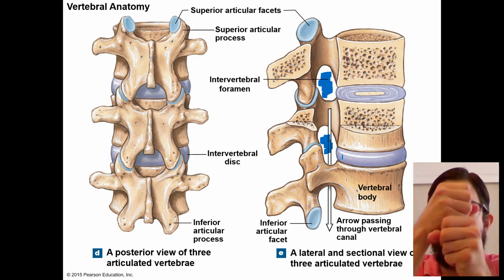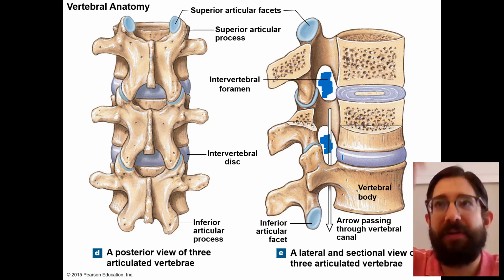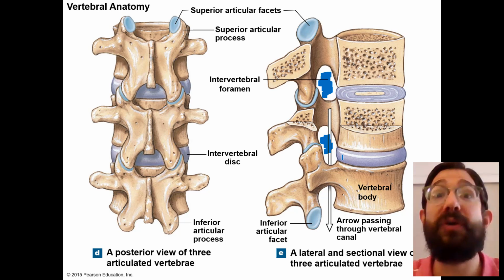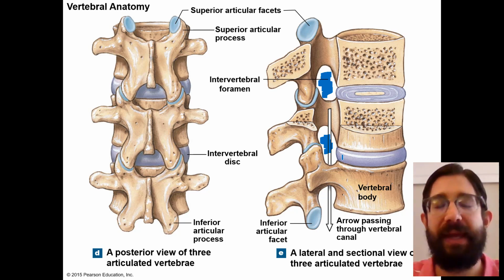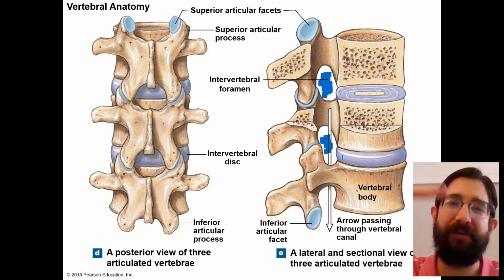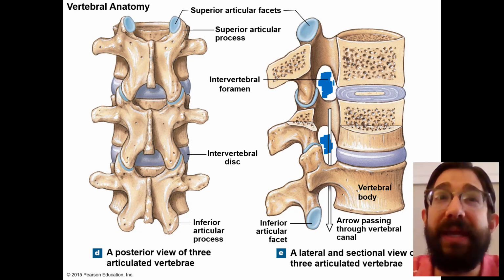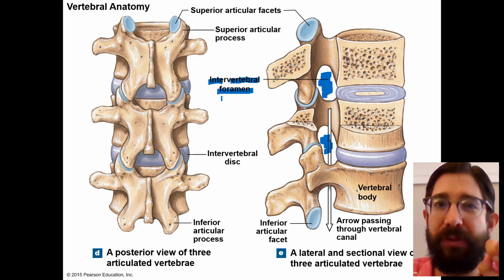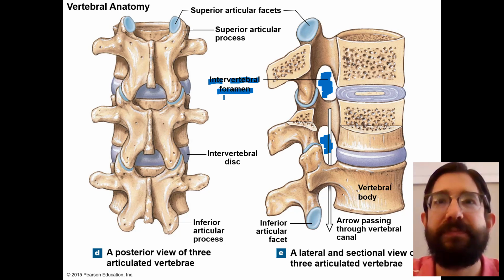So the spinal cord can't be trapped in bone all the way down. There have to be little holes in the vertebral column so that nerves can come out and come in. Signals go out and signals come in. So intervertebral foramen means that in between the vertebrae, there are holes so nerves can come out.